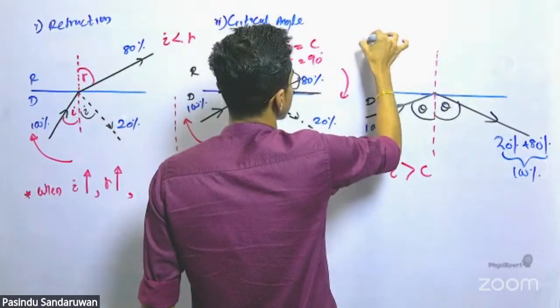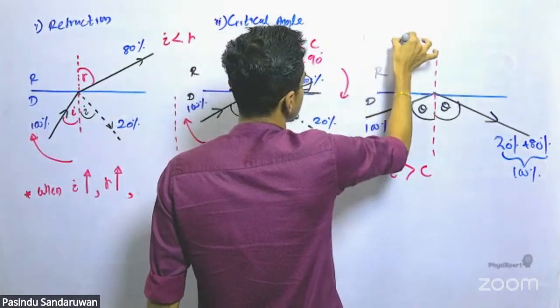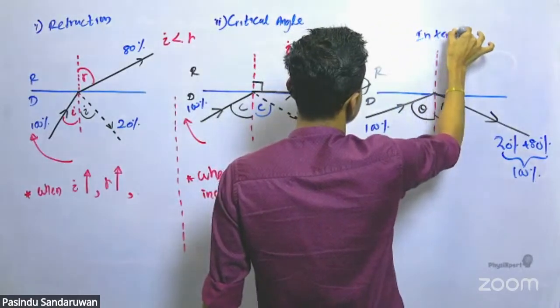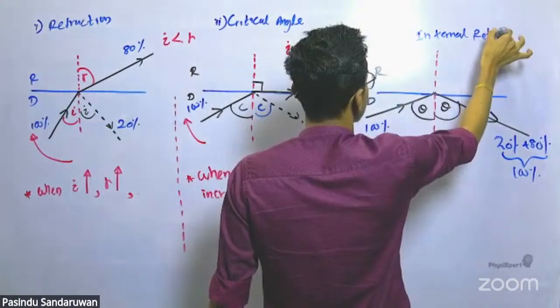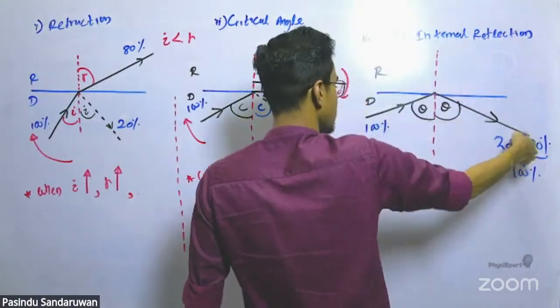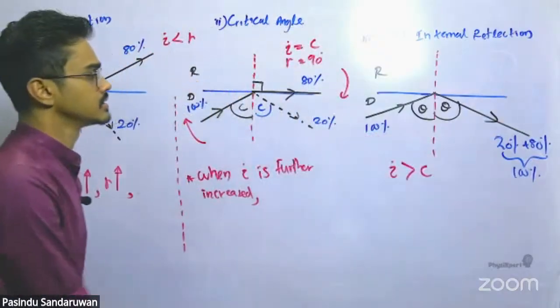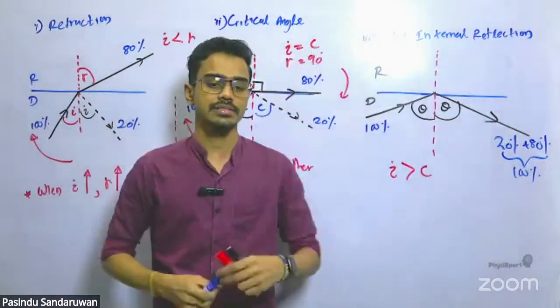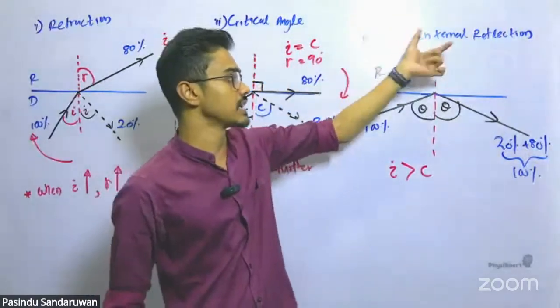As the topic, write down, number 3, total internal reflection. Total internal reflection is this 100%. Total means that; that's the difference between total and partial.